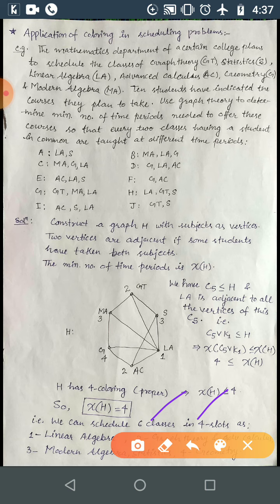In one slot you can teach linear algebra, in the second slot, the color number two, graph theory and advanced calculus, because these do not have any common student. Correct. And LA is taken by almost all. Correct.